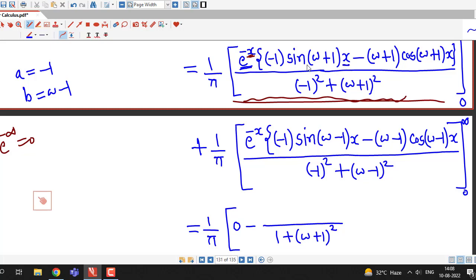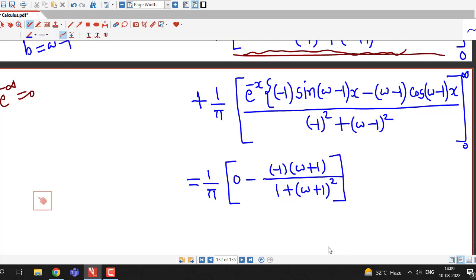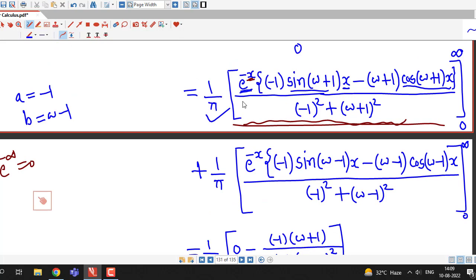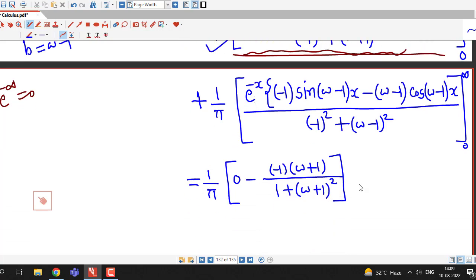Sine 0 is 0, and cos 0 is 1. So I am left with minus of (omega plus 1), or I can write minus 1 into (omega plus 1). This is for the first part. For the first integral we obtain this quantity.